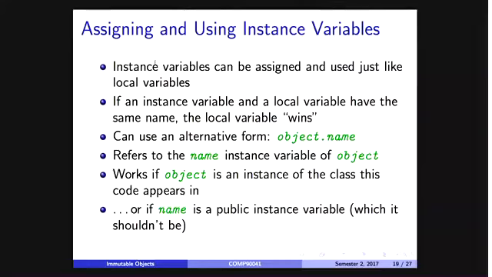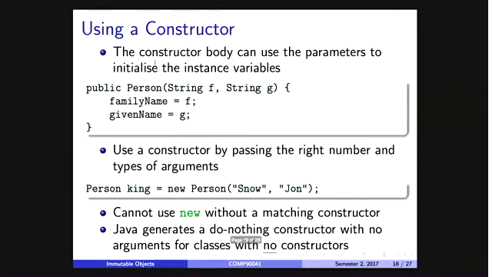Now, to refer to an instance variable, we can do it as we've been doing it. We can just use the name, so as we did here. So familyName equals, so that refers to the familyName instance variable. But remember the rule, if you have an instance variable and a local variable, both with the same name, you get the local variable.